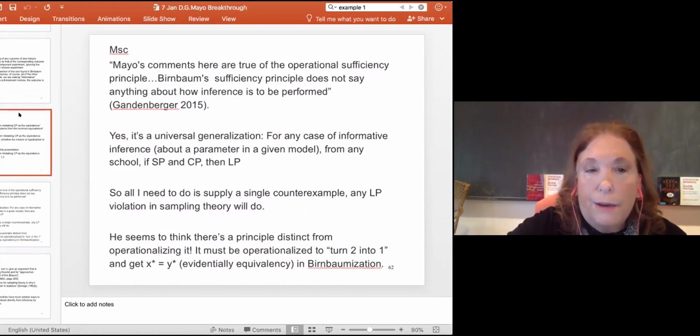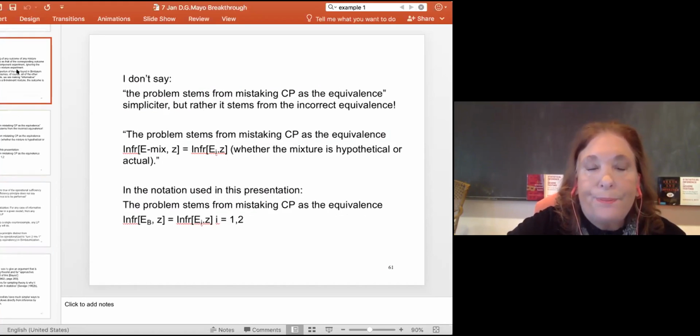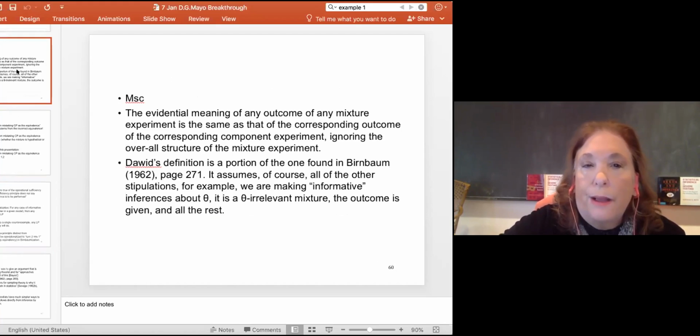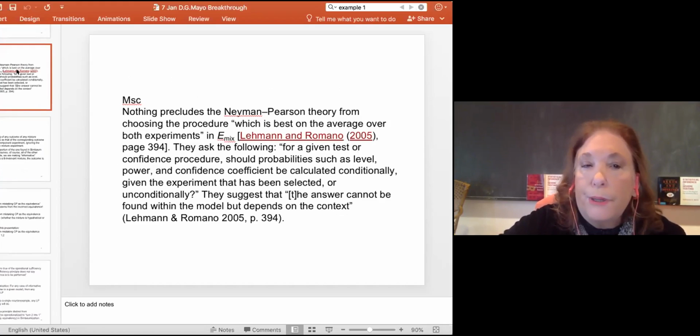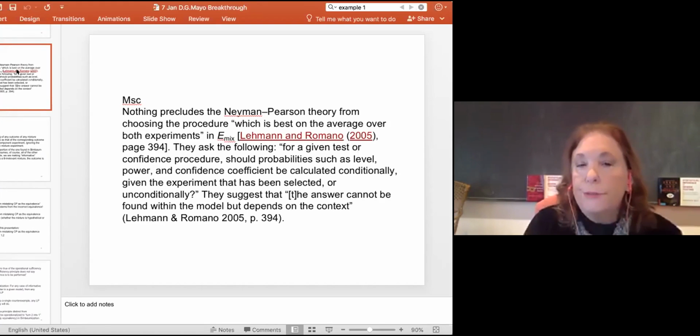I had another good example where Lehmann is saying there's a question for a given test or confidence procedure: should level, power, confidence coefficient be calculated conditionally or unconditionally?